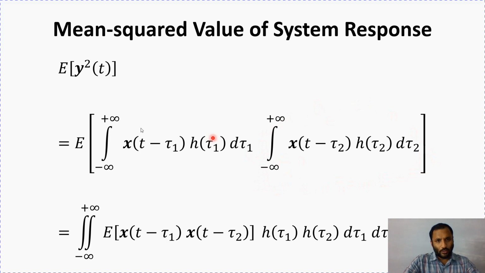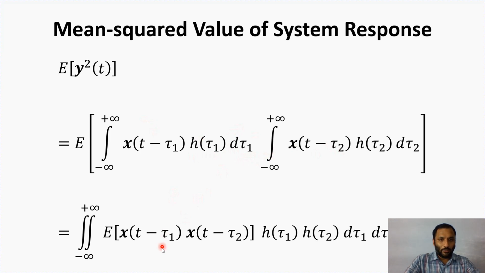Because both of these are y of t, it is normally useful to take different dummy variables for each expression. If you take both of them equal, then this expression collapses and becomes a special case. For generality, we choose different dummy variables for each y of t.